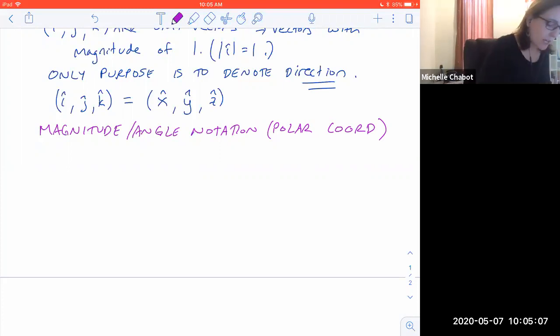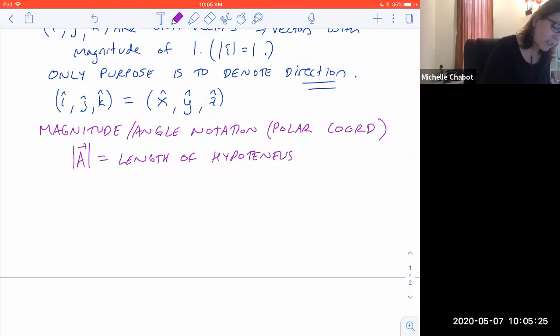So the magnitude and angle notation is basically that we would have the magnitude of the vector A. And what's important to remember is that this is just the length of the hypotenuse of this right triangle, where we would redraw the vector A, and then my component Ax and my other component Ay.